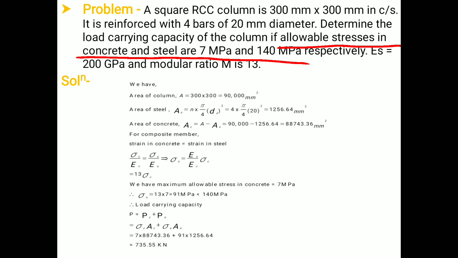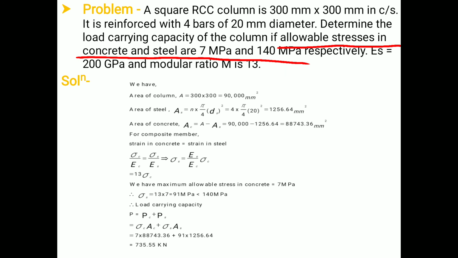Allowable stresses are the maximum values of stress, so the stress should not be greater than 7 MPa for concrete and 140 MPa for steel. Taking the maximum allowable stress in concrete as 7 MPa, sigma s is equal to 13 into 7, which is 91 MPa, less than 140 MPa.